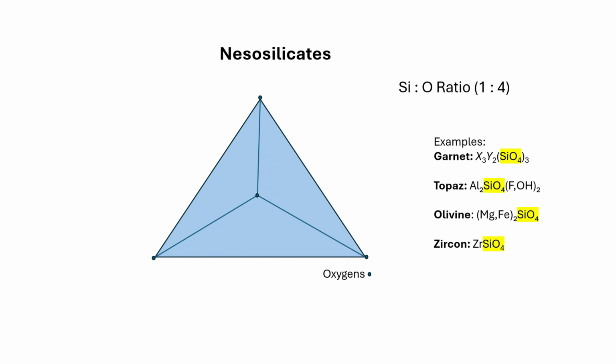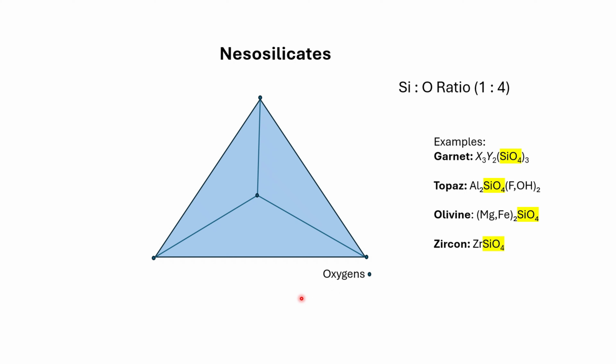These are the most basic type of silicates, and in nesosilicates, the SiO4 tetrahedra are isolated, and they don't share any oxygen atoms with each other. Think of it as a single pyramid standing alone. Let me get my laser pointer here. You can see these little points along the tetrahedra.